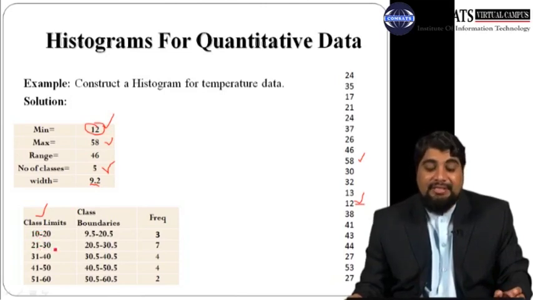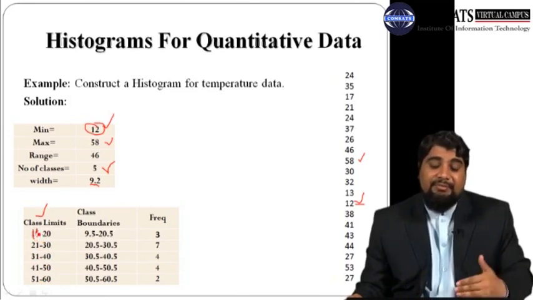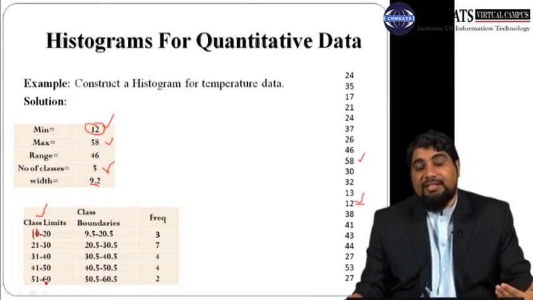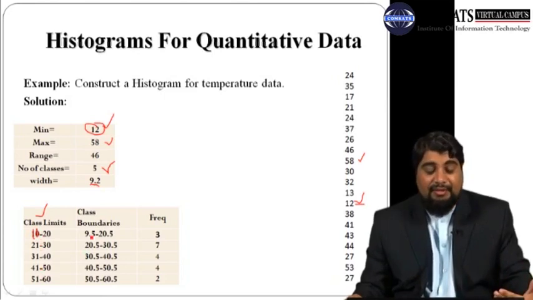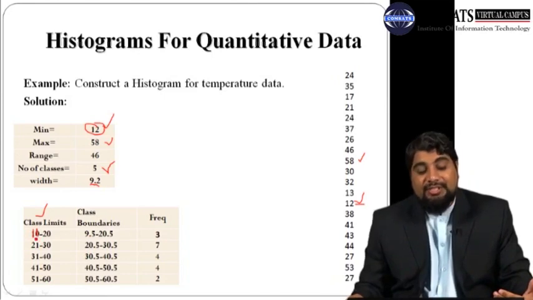So 21 to 30, then 31 to 40, 41 to 50, 51 to 60. Here you need to start from 11 in order to be consistent with the rest of the classes. Now count the number of data points which fall within these two limits, from 11 to 20.